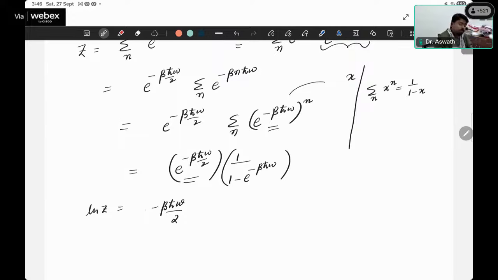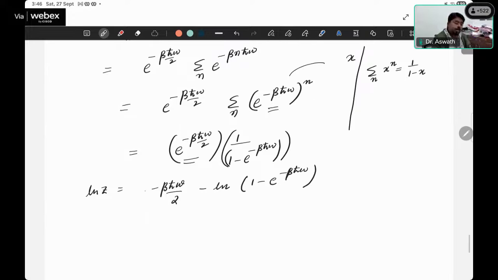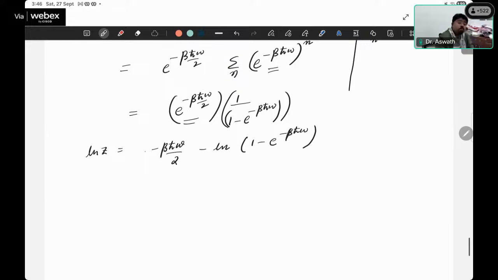This is the first term, and the second term is in the denominator, so I'll have a minus sign, log of 1 minus exponential minus beta h omega. Now I need to know the derivative of log Z with respect to beta to find the mean energy, so I'm just preparing myself for that.